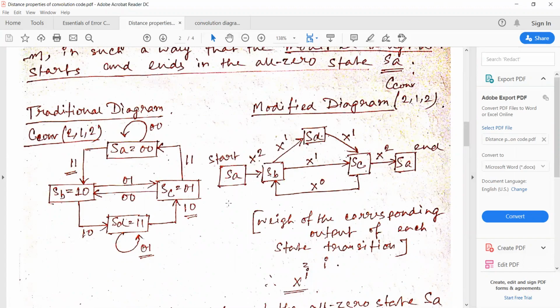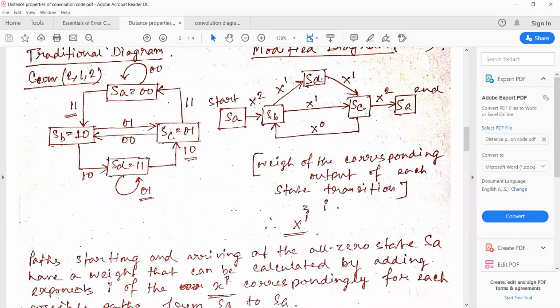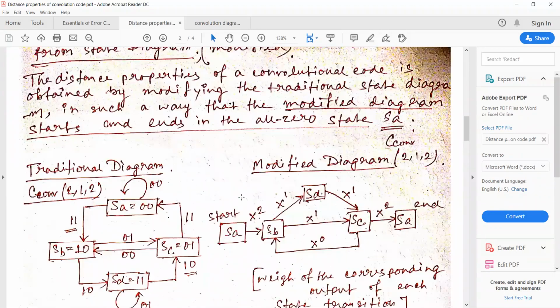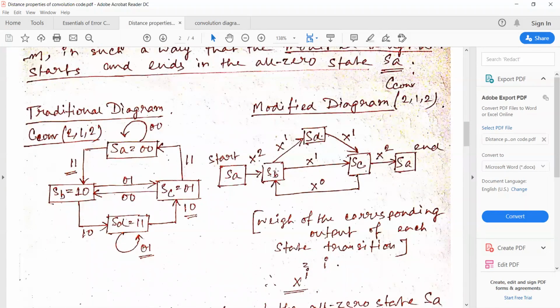So in this way you have to write all the possible path gains and corresponding weights in the power position of x, like x to the power i. Then you have to consider how many possible paths there are from the all zero state SA to the all zero state SA.